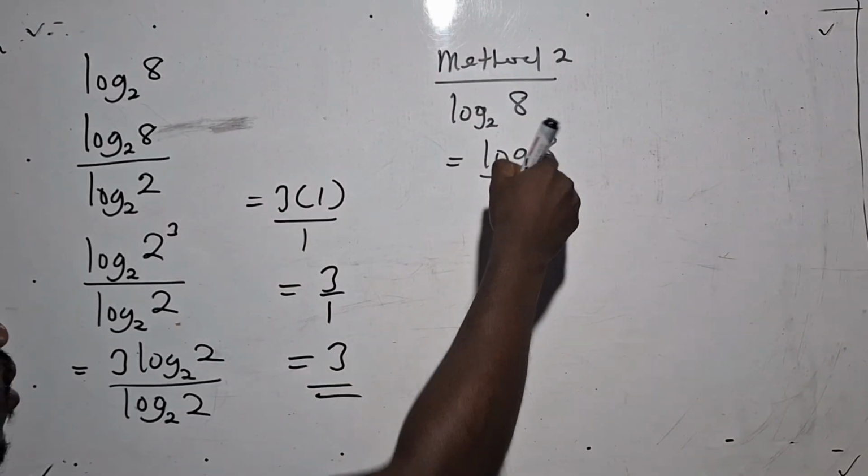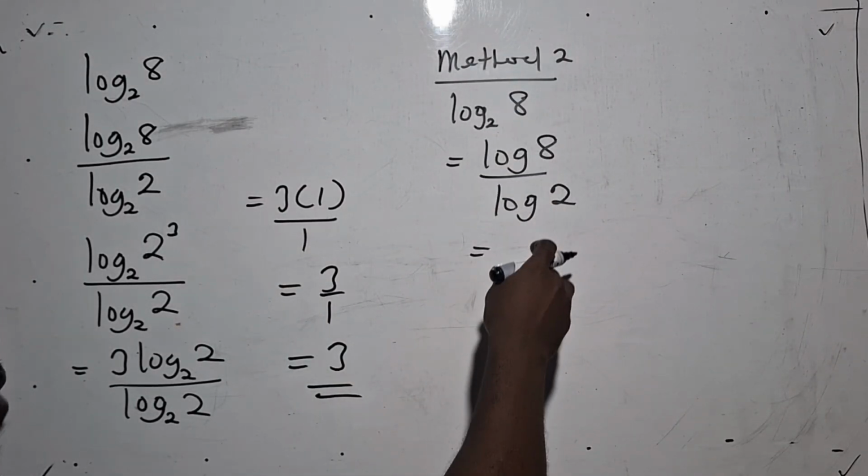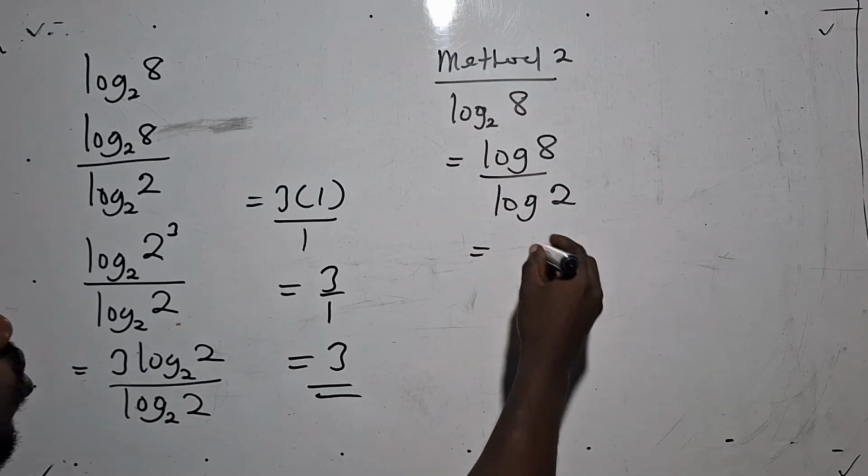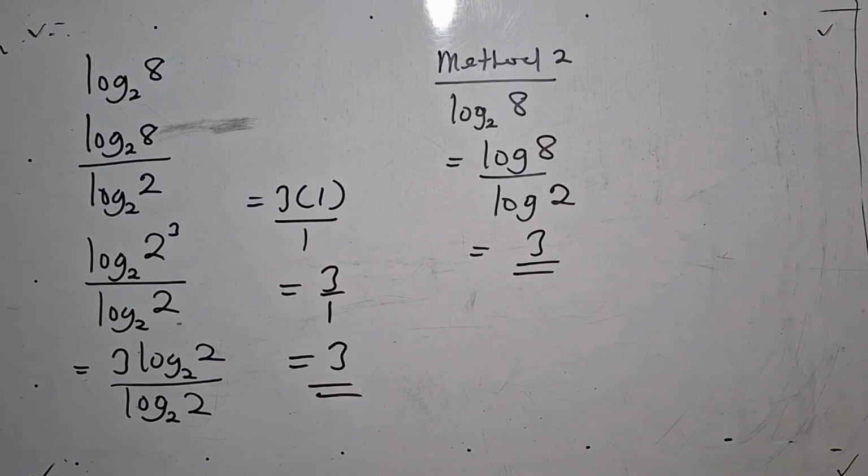You change the base, now they will have a common base, which is 10, that we don't write. In your calculator, when you divide log 8 by log 2, you are also going to get 3 as the answer. So the change of base, this is how we solve it.